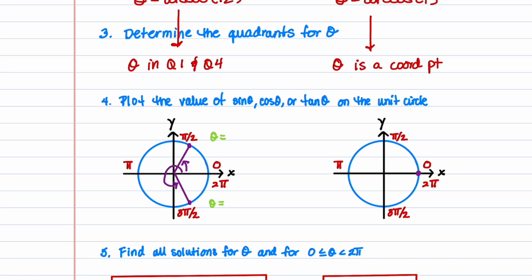For our first equation, theta is arc cosine of 1/2, and this is equal to pi over 3. And in the fourth quadrant, theta is going to be 2 pi minus our reference angle. And let's just note that this was our reference angle back in quadrant 1. So our theta is going to be 2 pi minus pi over 3, and that gives us a value of 5 pi over 3.